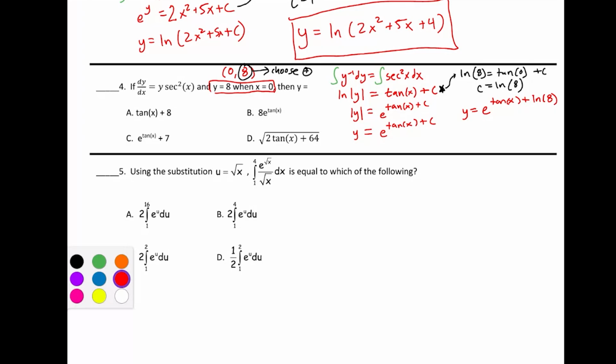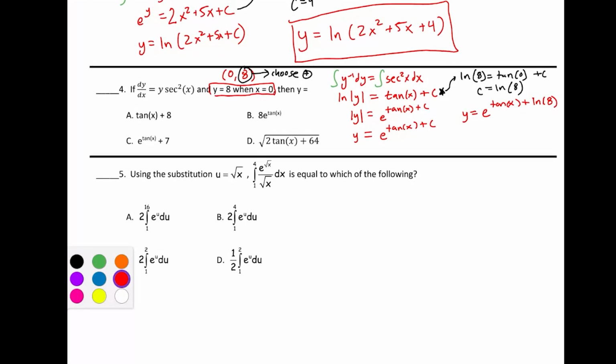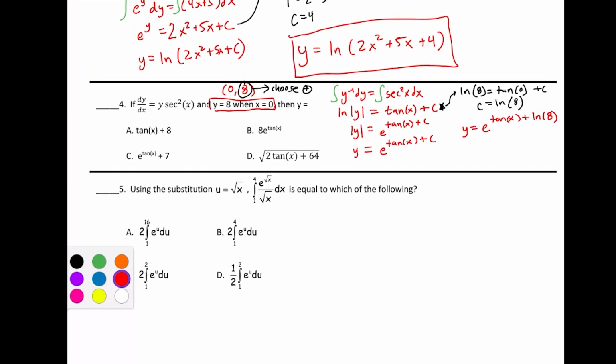However, after looking at these answer choices, you might notice that that's not any of the answer choices. So what's going on there? Well, what's happening is, and you're going to see this anytime you have one of these kinds of questions as a multiple choice question, whenever you've got e to some power and that exponent is a sum, you can use the product property of exponents. Like if you have e to the x times e to the y, we can combine these two terms by adding the exponents.